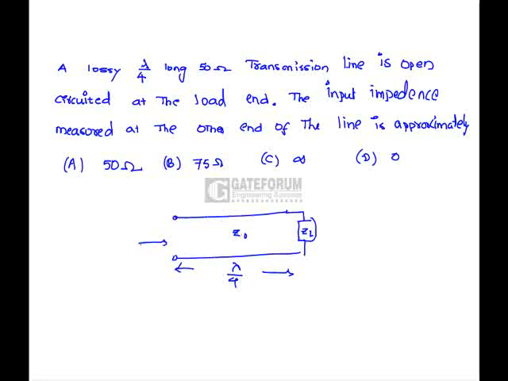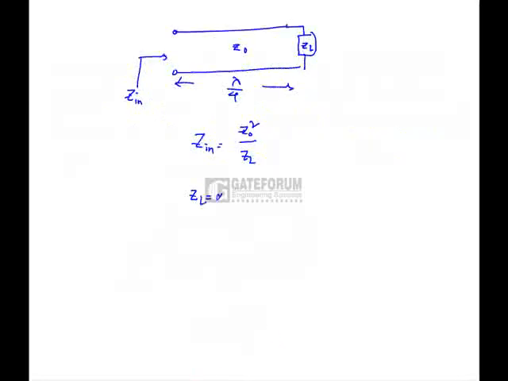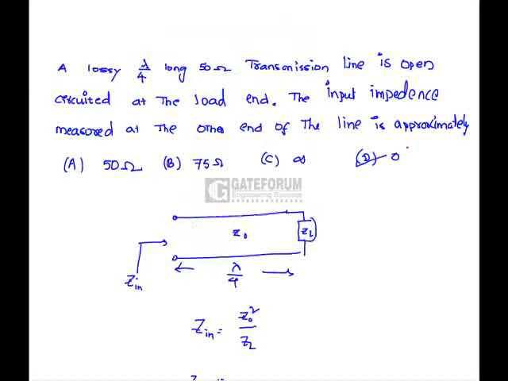This is the input side. If we are looking in, this is the Zin. Here Zin for a lambda by 4 length line is Z0 square by ZL. In this case ZL is infinite, because the load end is open circuited. So if ZL is infinite, Zin is 0. Hence option D is correct.